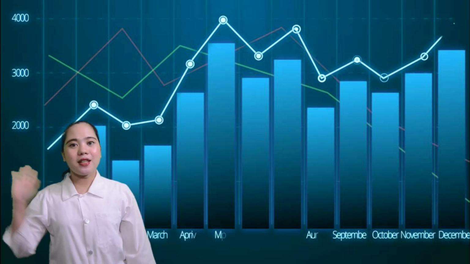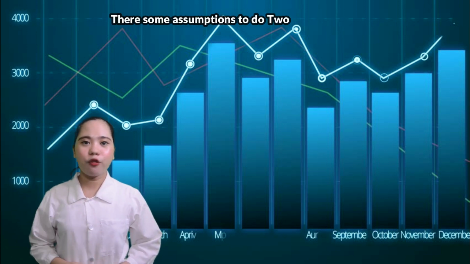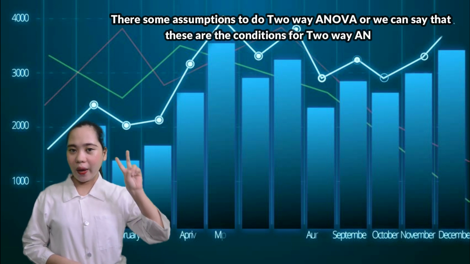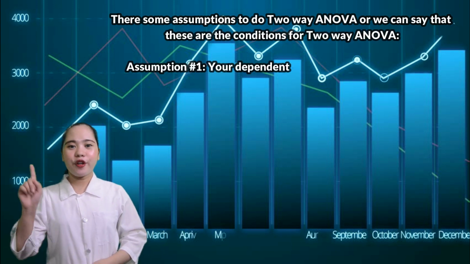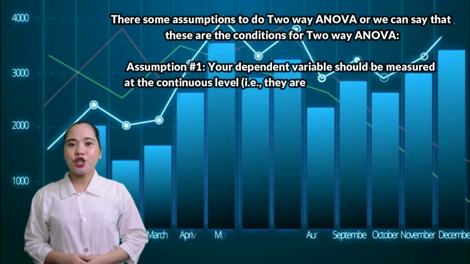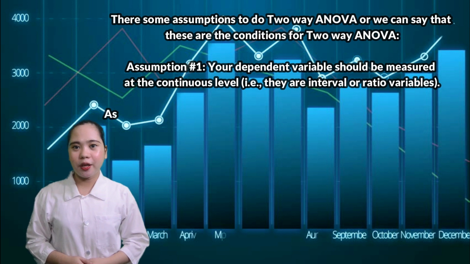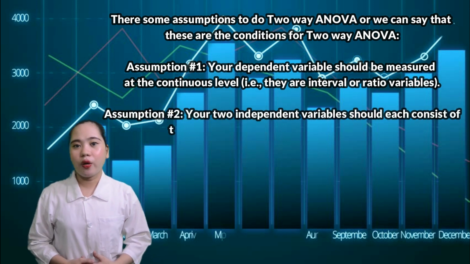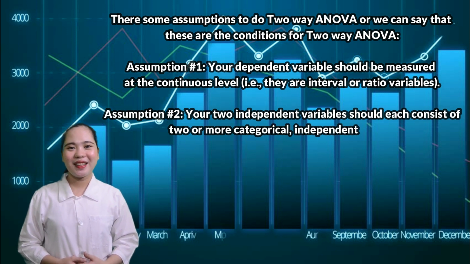There are some assumptions for doing two-way ANOVA, or we can say that these are the conditions for two-way ANOVA. The first assumption: your dependent variable should be measured at the continuous level. For example, interval or ratio variables.